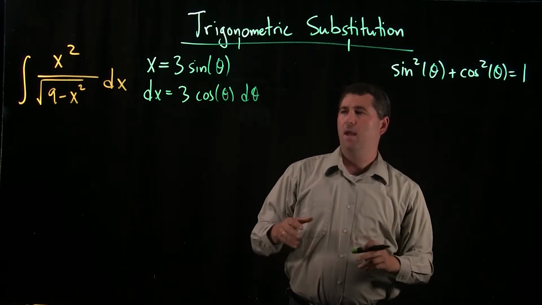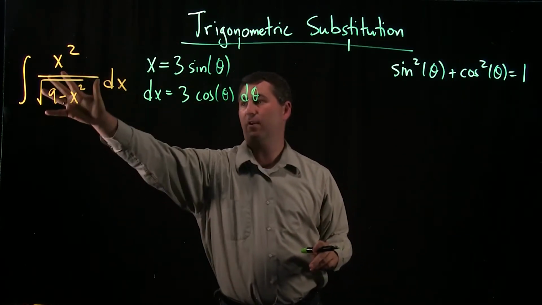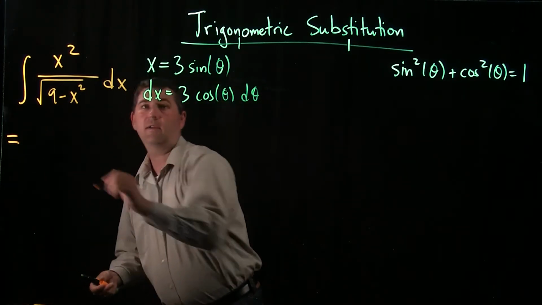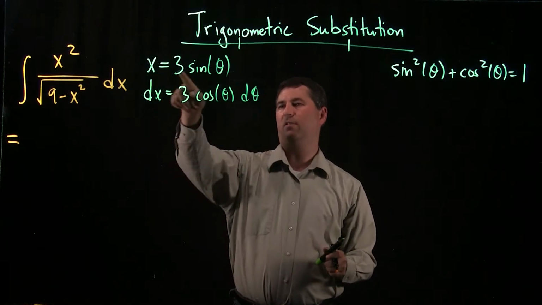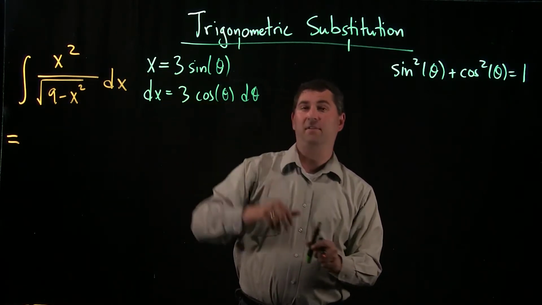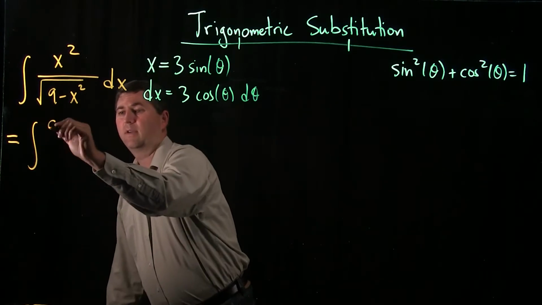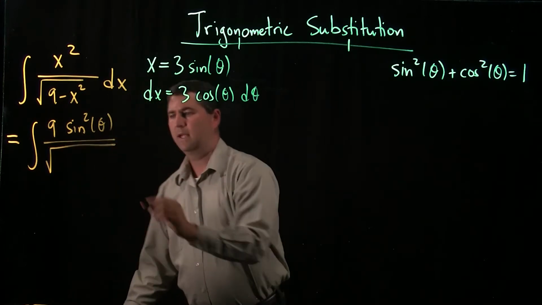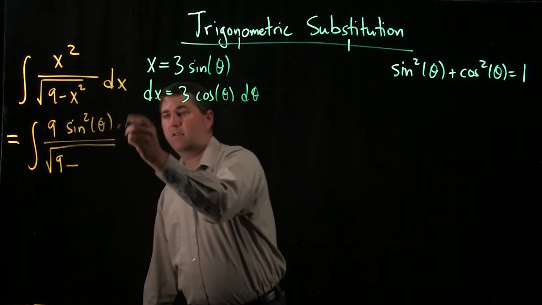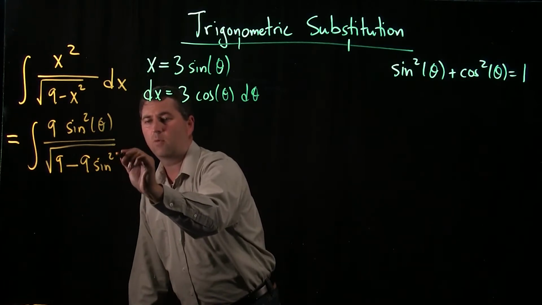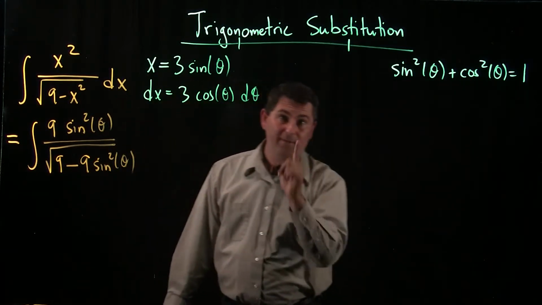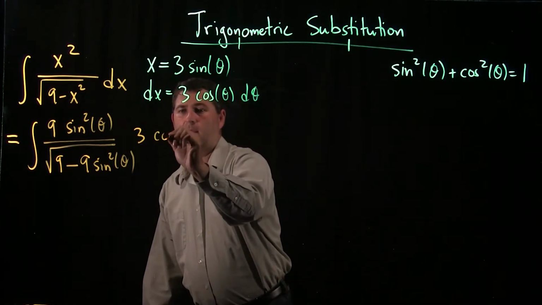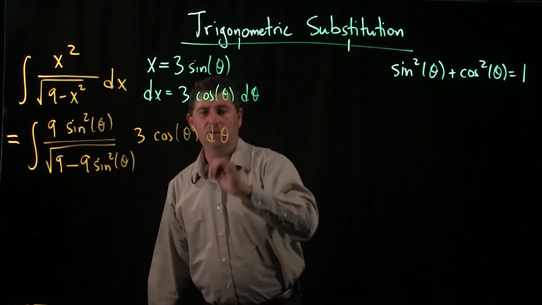Now I want to substitute this into this function. x is 3 sine theta, so x squared is 9 sine squared theta, over the square root of 9 minus, again x squared, so 9 sine squared theta. Then I have my dx. Don't forget the dx. dx is 3 cosine of theta d theta.